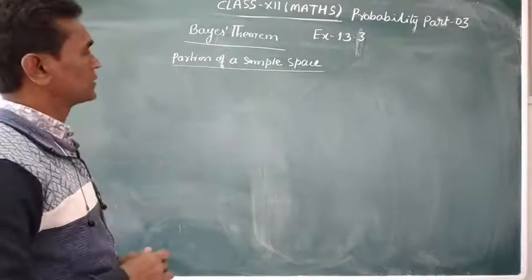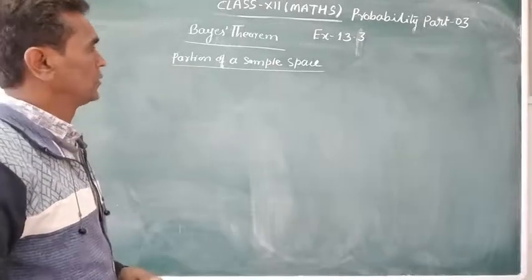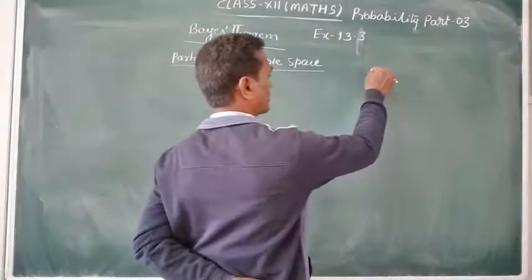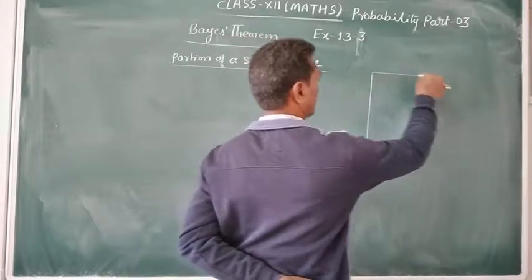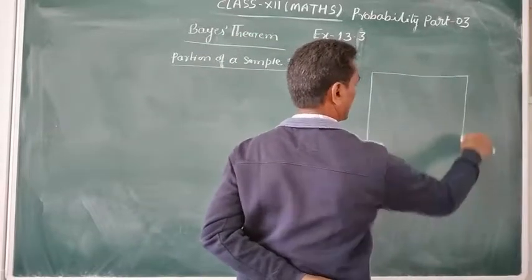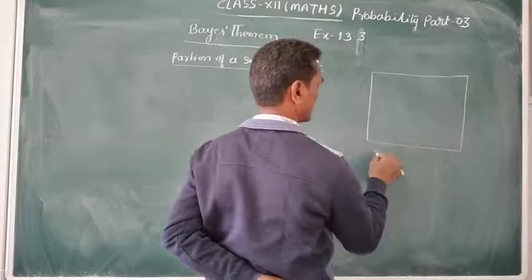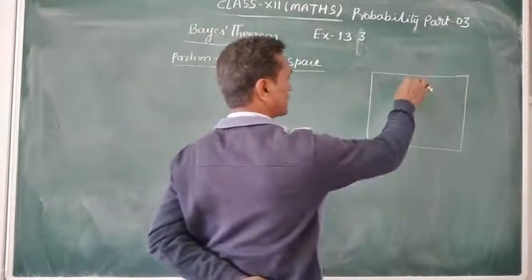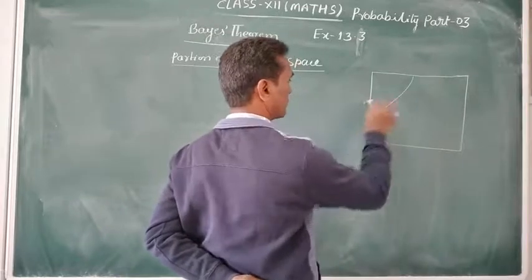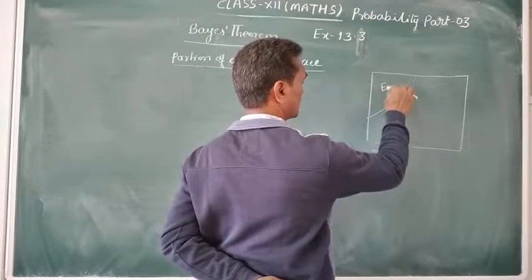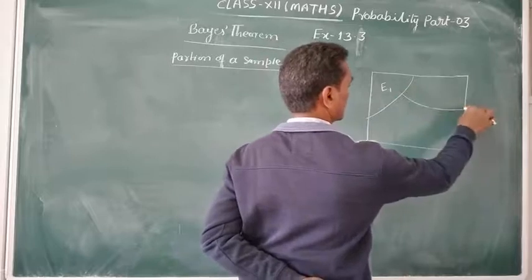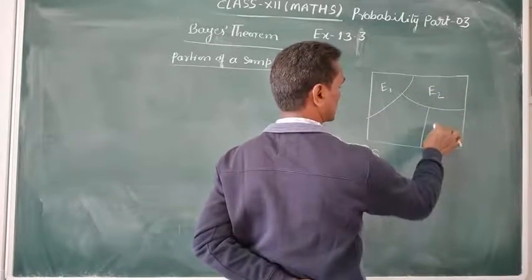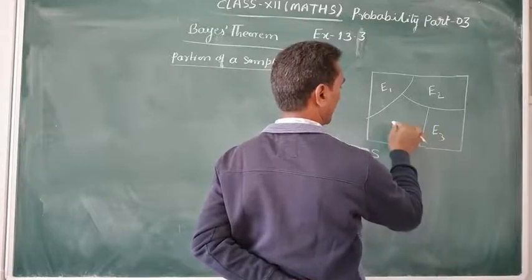First term is partition of a sample space. So what is the partition of a sample space? Suppose this rectangle represents the set S, the sample space. You divide this, suppose this is one part E1, this is another part E2, this is E3 and E4.